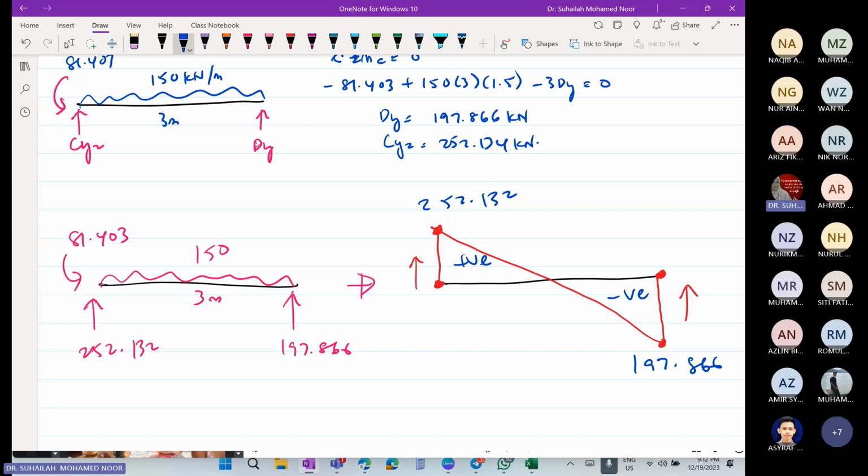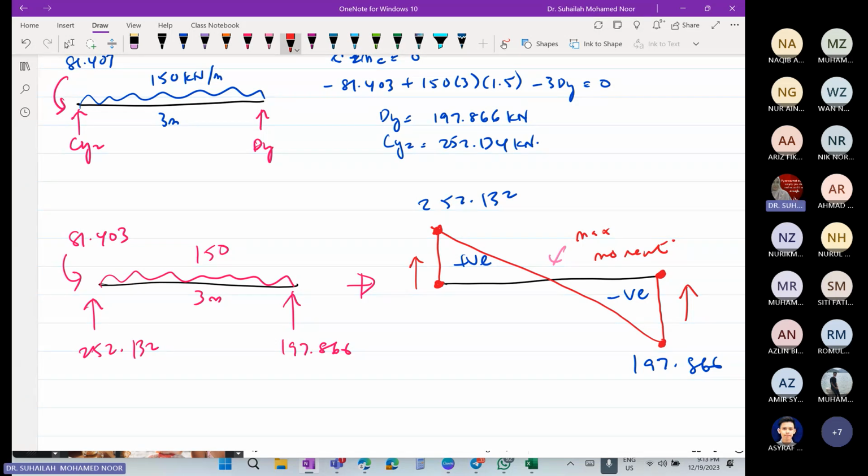Now we have to identify the distance because of the intersection. There is an intersection, which means there is maximum moment here. Maximum moment is at the intersection of the shear force diagram.